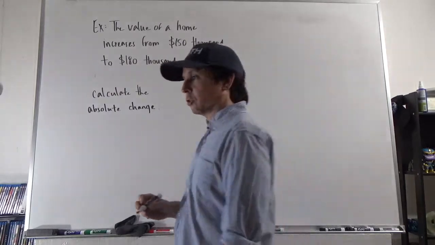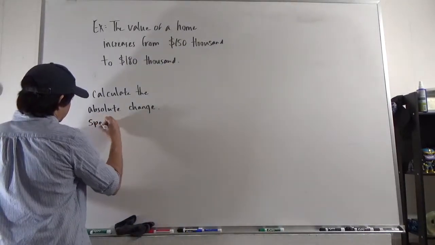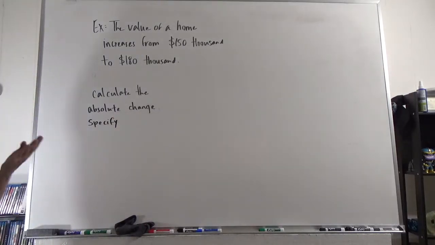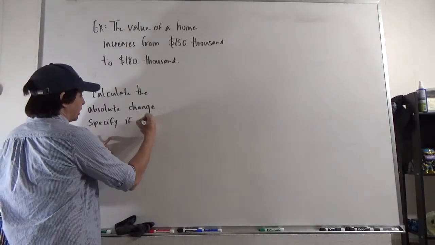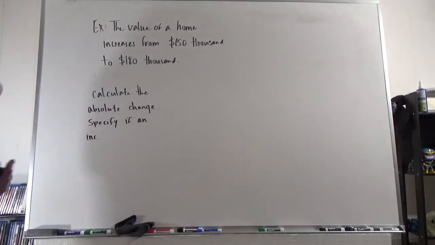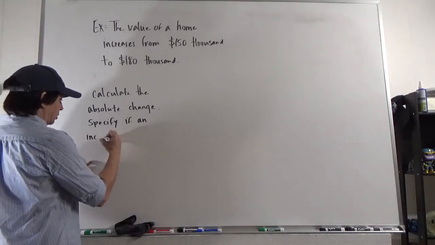Calculate the absolute change. And again, it's going to be an absolute value, so it's always positive. But to indicate whether it's an increase or decrease, we'll just tack on the word increase or decrease. Specify if an increase or decrease. So we'll write that out in words rather than attaching a positive or negative sign to it.